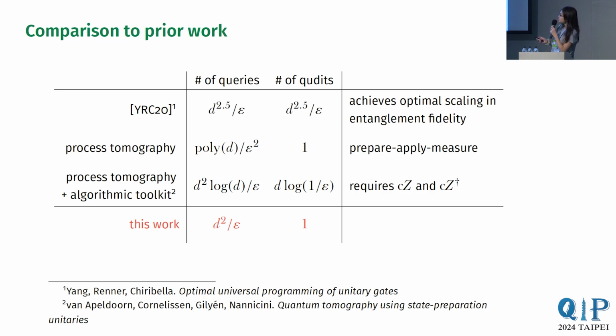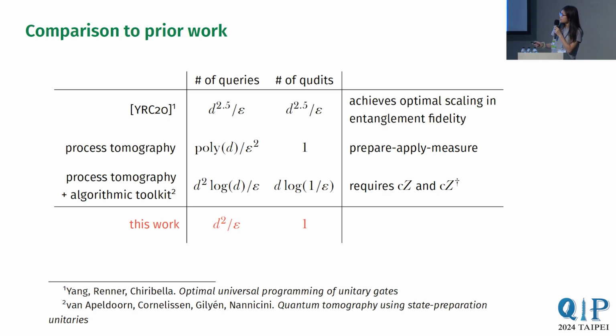They give an algorithm for this unitary estimation problem, where instead of wanting error in diamond distance, they want error in a weaker metric, entanglement fidelity. This is like the operator version of fidelity. If you translate their result to our setting, the diamond distance, you get a d⁵. Furthermore, their algorithm is just applying all of your oracles in parallel, so it has a really big space overhead.